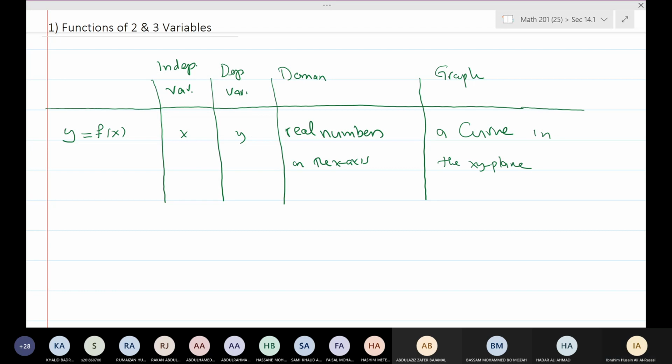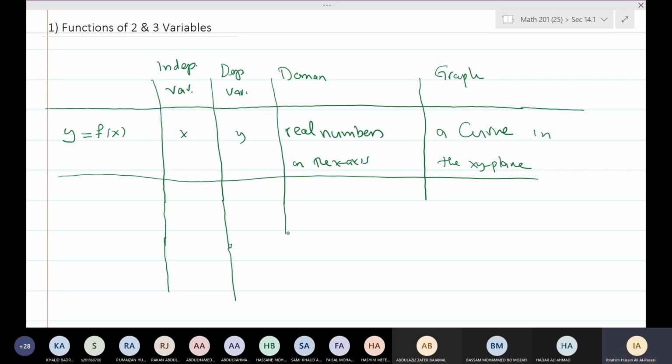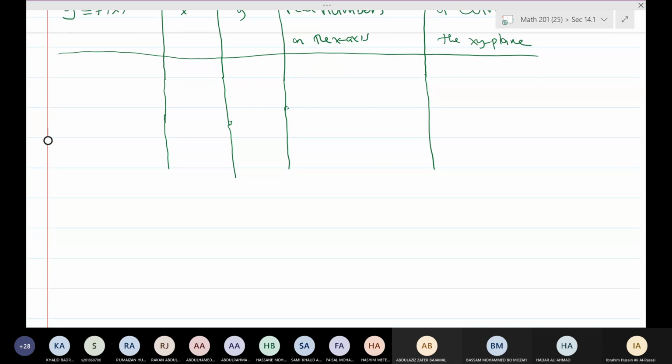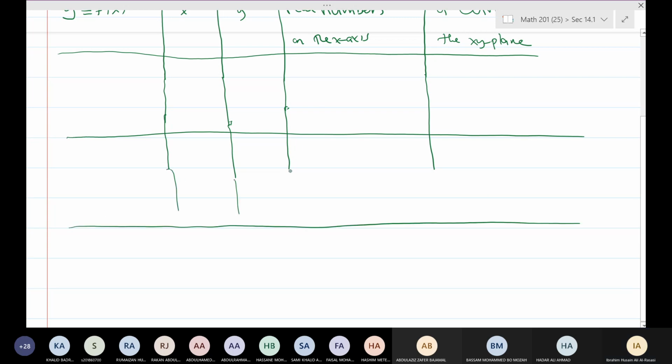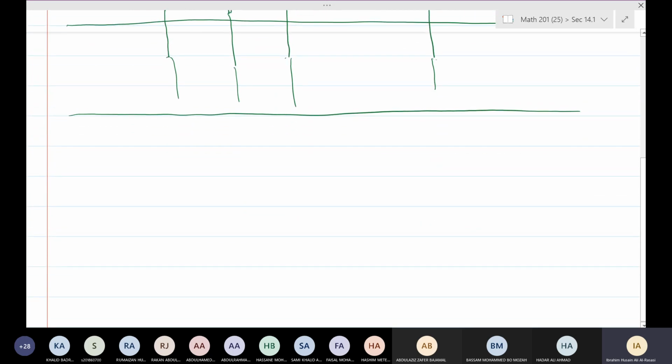And when you go to the graphs, for functions of 1 variable, the graph is the following.